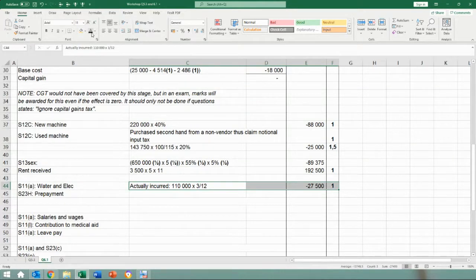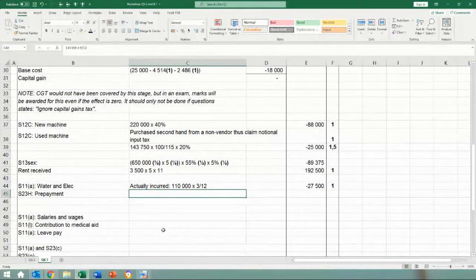Okay, so if, for example, the period that we've traded for was less than 12 months, yes, then you would divide it by the number of months the business was actually in business for. Okay. But because this payment is specifically, they told you it's for a year, you apply the 12 months.